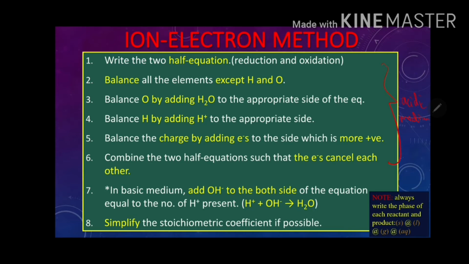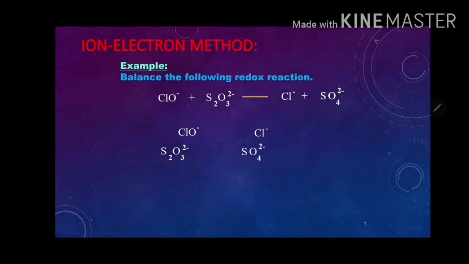Then you can proceed to the next step, which is simplify the stoichiometric coefficient if possible. And always write the phase of each reactant and product if given. So let's do example to see this more clearly.